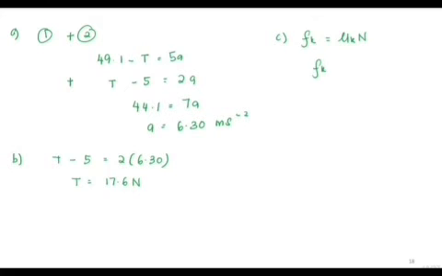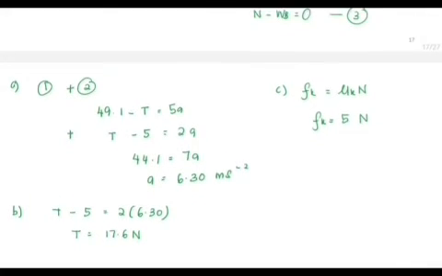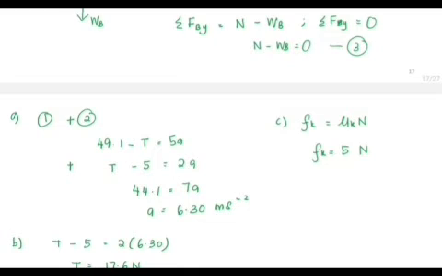However, we need to determine normal force first. To determine normal force, we will use equation number 3. Equation number 3 states that N minus weight of block B equal to 0. So, we will get N, the normal force.